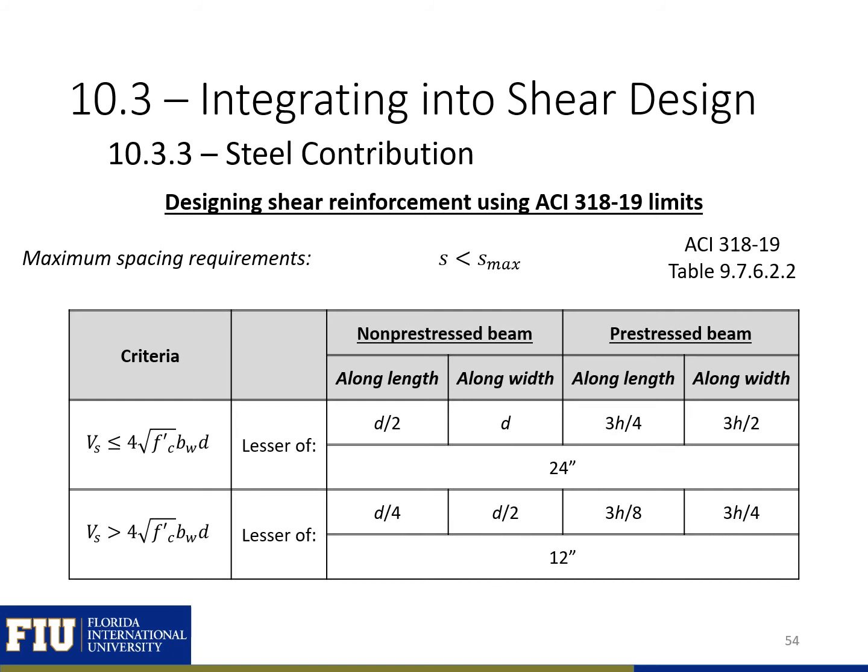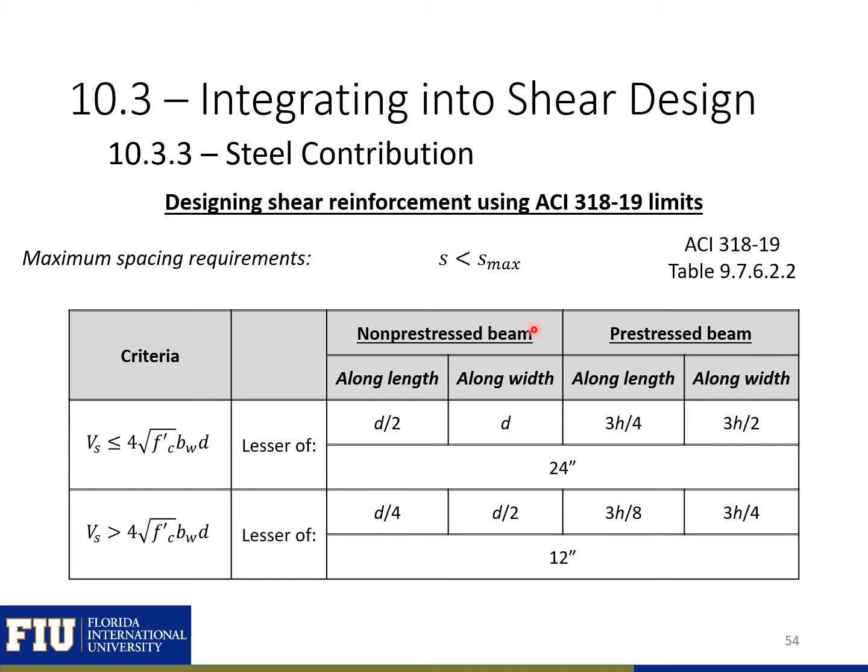If at least the minimum transverse reinforcement is required, then the maximum spacing requirements shown on this slide must be met. The maximum spacing depends on the amount of shear reinforcement required. So it depends on whether our Vs is less than or greater than 4 times the square root of f'c times bw d. And it also depends on whether we have non-prestressed or prestressed beams.